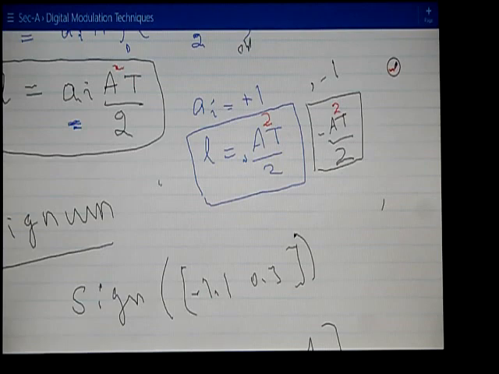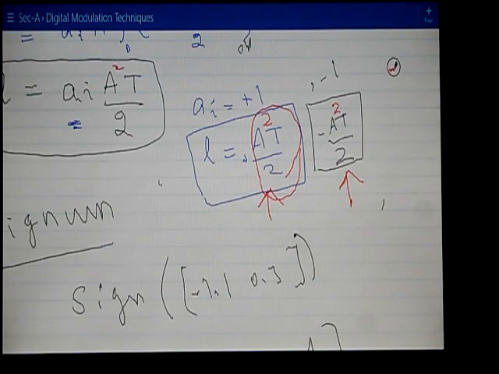Now a square t over 2 is actually the energy. Just amplifying the recovered carrier by a gives you this expression, the output of the integrator, which is equal to the energy. The energy of your signal is a square t over 2.